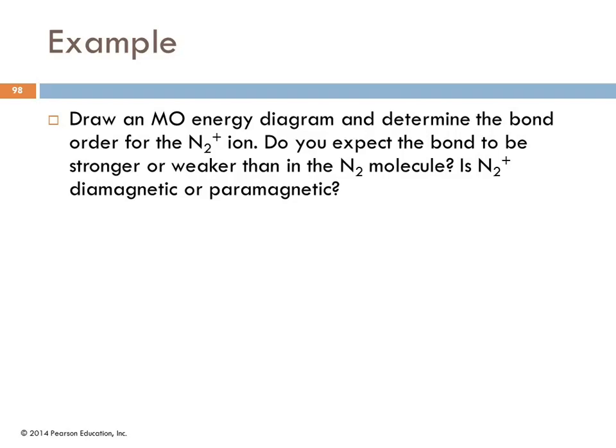So let's look at oxygen. Okay, so valence electrons for oxygen. What are they? We've got the 2s. Oh, I should probably leave a little more space. And the 2p, right? And it has 6 valence electrons.